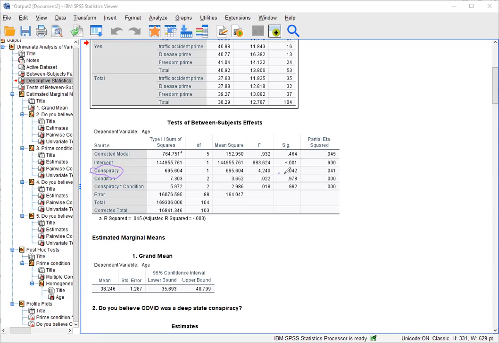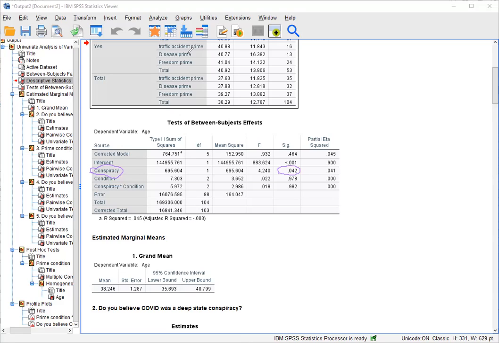And we can see actually there is a significant effect of age on this, right? At an alpha level of 0.05, this is 0.04, which means that there is a difference. So we saw in this table up here that the mean age for people who thought it was a conspiracy was almost 41, and the other, I believe, is around 35. So it looks like people who believed it was a conspiracy tended to be older, which is really interesting, right?